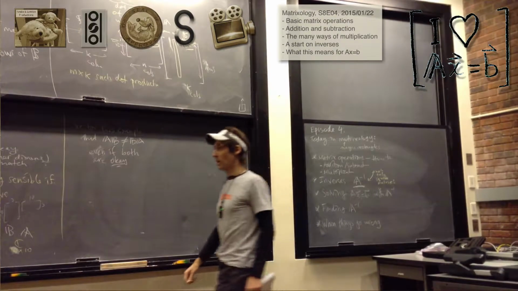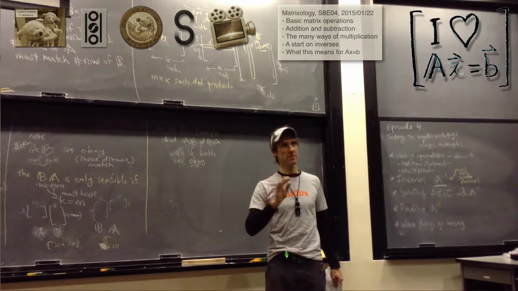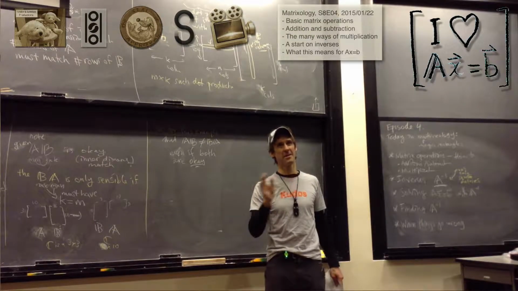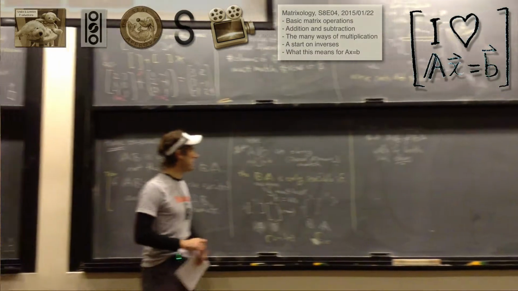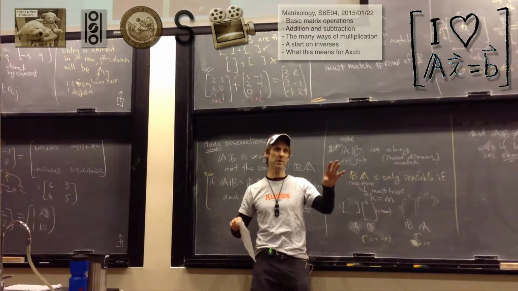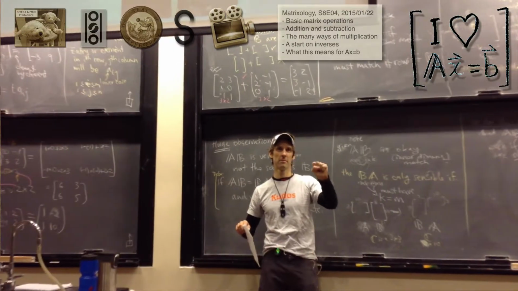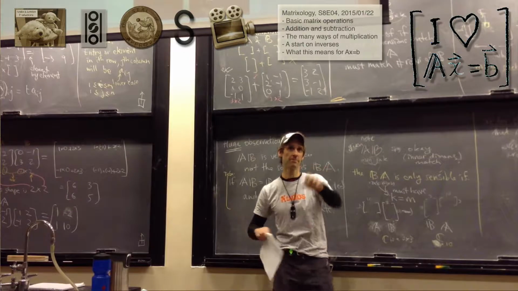What do we need for AB to equal BA, regardless of the numbers? What shapes do A and B have to be? Square in general. Yep, square in general. Good.